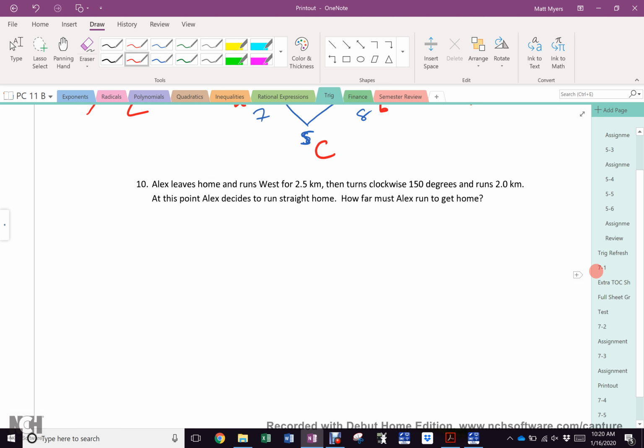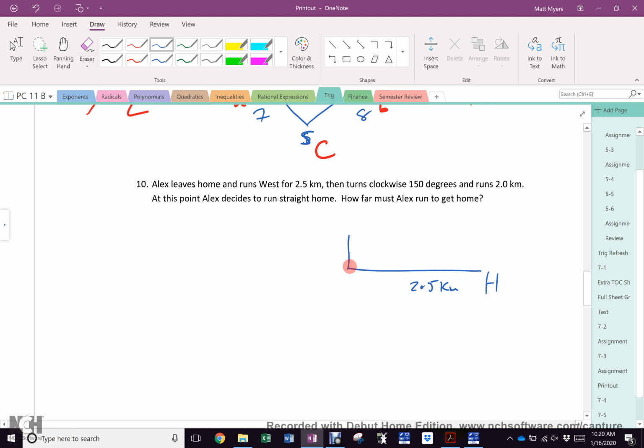And Alex leaves home and runs west. What direction's west? If this is home, where do we say west is? Left. And he ran that way for how far? 2.5K, yes? Then he turns clockwise. So that is to the right, yes? And he goes 150 degrees.